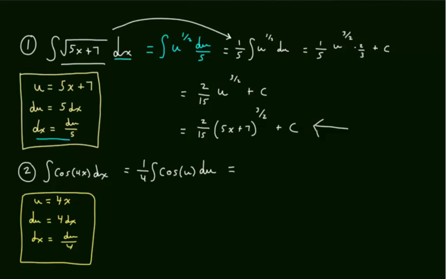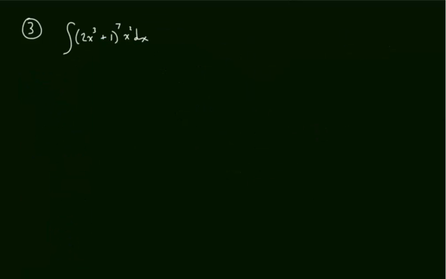So I'm now ready to use good old-fashioned antiderivative, or book of memories in this case, and the antiderivative of cosine u is sine u plus c. And we transform this back to x, 1/4 the sine of 4x plus c.